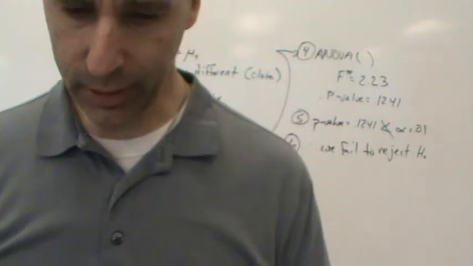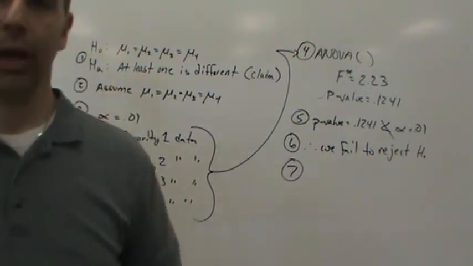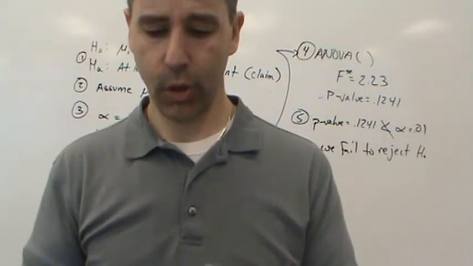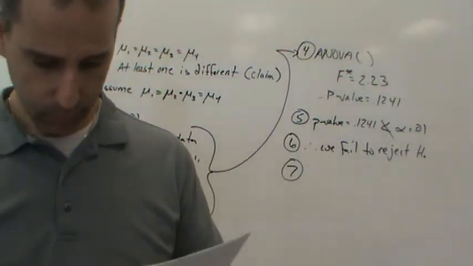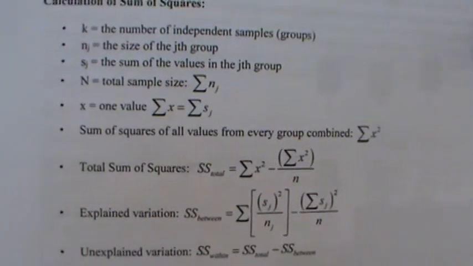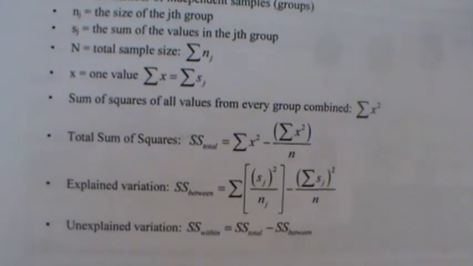Now the formulas for calculating each one of these, like the sum of squares for the between variation and the sum of squares for the within variation, go back to our talk regarding variation. You would use these formulas, but calculating them is tedious.